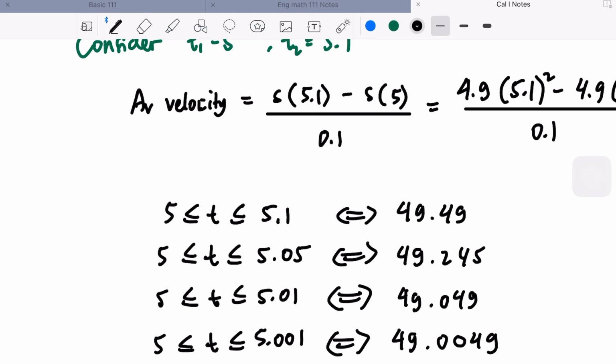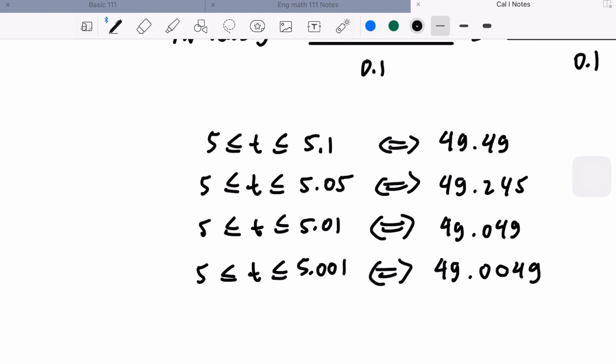And when we have this kind of result, we can define that what we did here, when we're limiting our value, the velocity is not just the average velocity, but we are going to make it instantaneous at t equal 5.